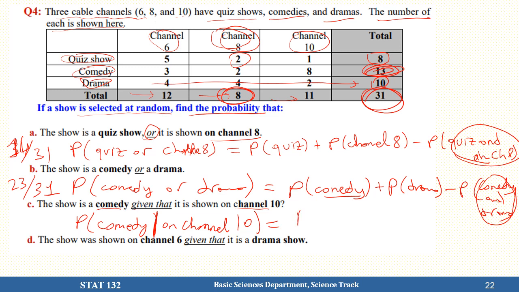If you remember, it's the probability of being comedy and on channel 10, divided by the probability that it's on channel 10.